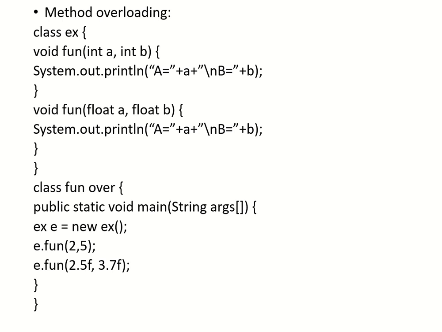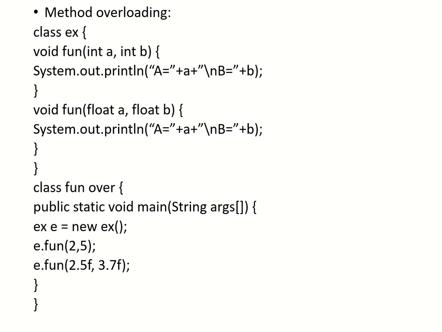In void main, we create an object e equal to new Ex. Then e dot function of 2 comma 5. Here 2 comma 5 means we send integer values, so it is mapped with the integer method definition.